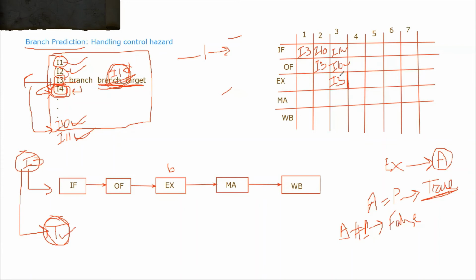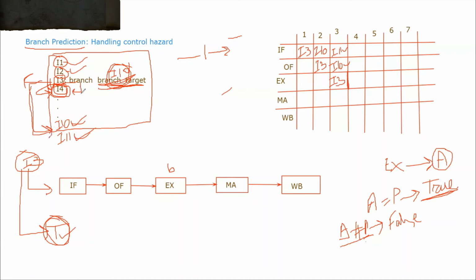Branch instruction. If my prediction is false, that means whatever I have fetched because of my prediction, those instructions are on the incorrect path, because I have predicted the path should be this one.